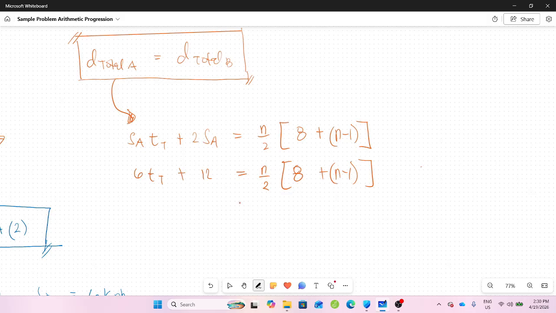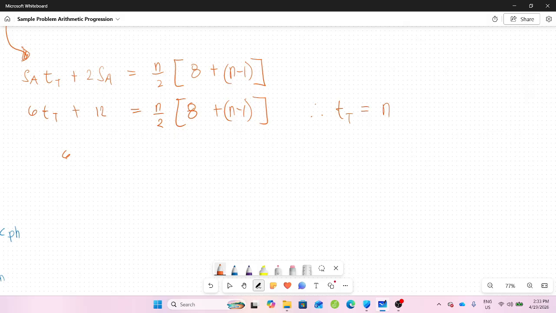Okay, so our t total here is actually equal to the number of terms, because each term corresponds to the time. So the t total here is actually equal to the total number of terms. So we could say 6n plus 12 equals n over 2 times 8 plus n minus 1.